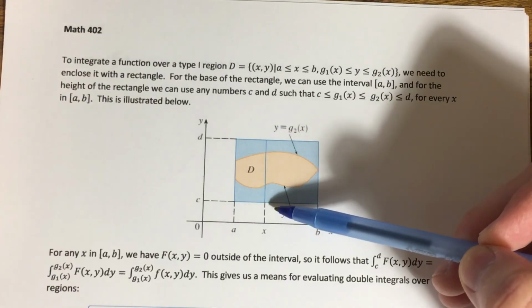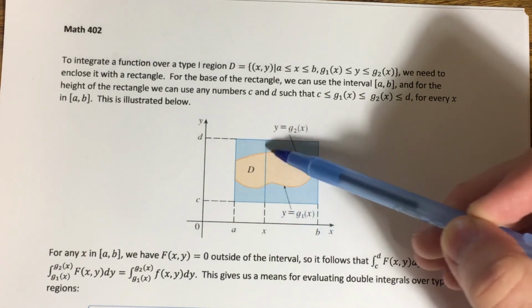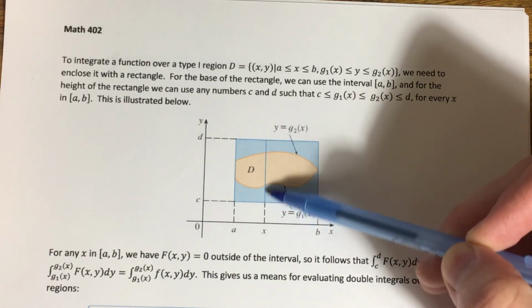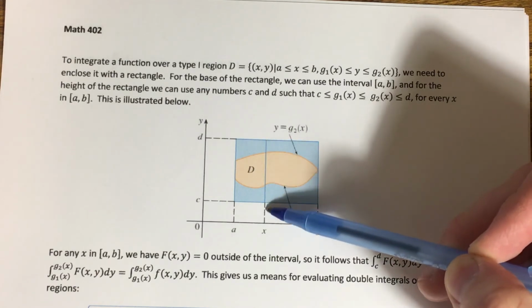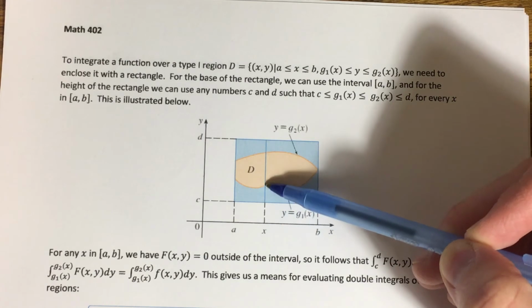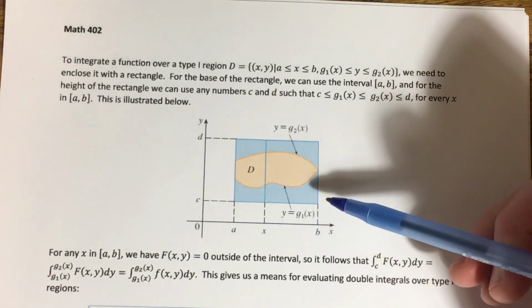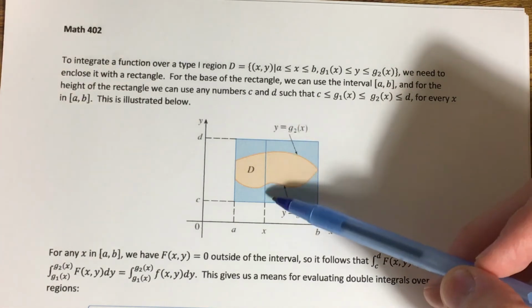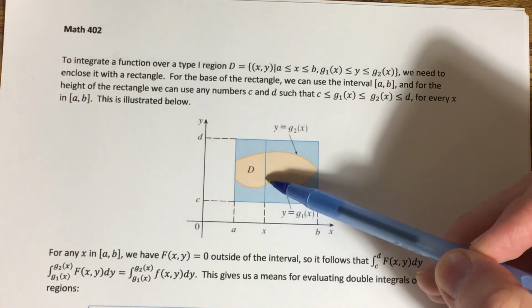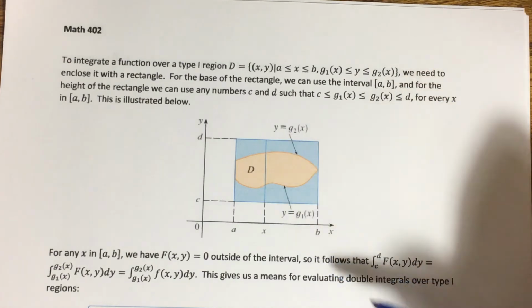Because even though we can integrate it from c to d, remember, outside of this region, we're defining that to just be 0. So integrating from c to d, nothing is contributed by the parts of this interval that are outside of that region D. And so for that purpose, we can just think of the integration as taking place over this smaller interval right here, from g1 of x to g2 of x.